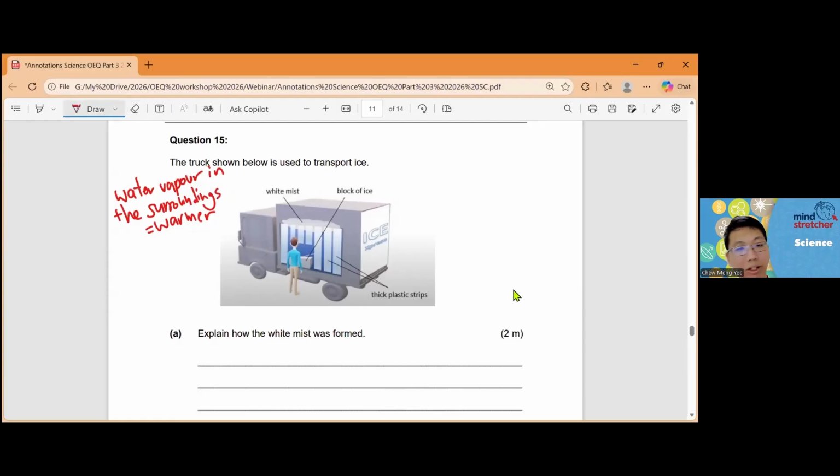That is more targeted to the concept of water. So this water vapor in the surroundings is warmer, then it will lose heat and condense. Be very clear on this.